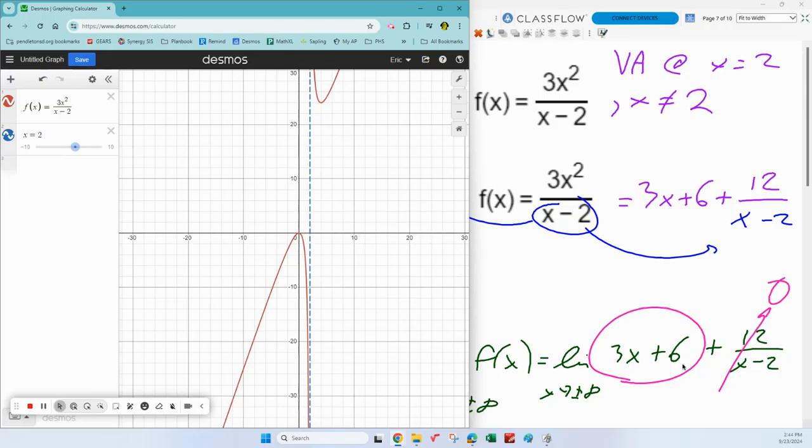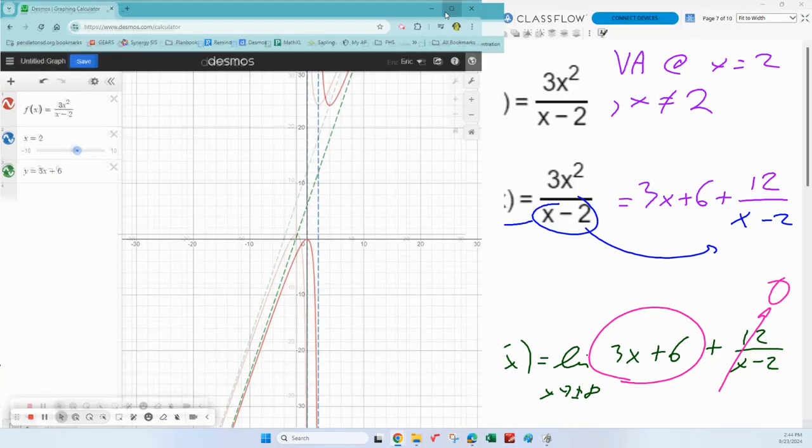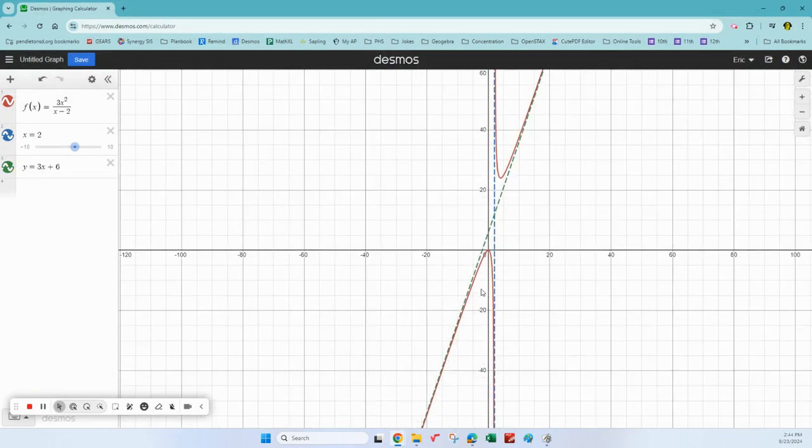Okay, we said the slant asymptote was going to be 3x plus 6. Hey, what do you know? Everybody agree? Okay, that's pretty cool. So then, again, the asymptotes are like the bones or the skeleton of that function when we sketch it.